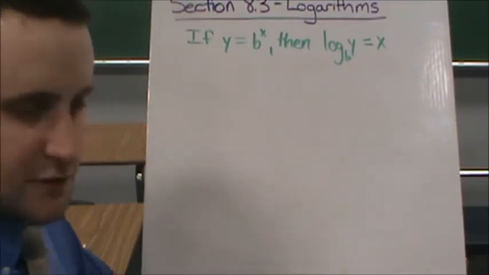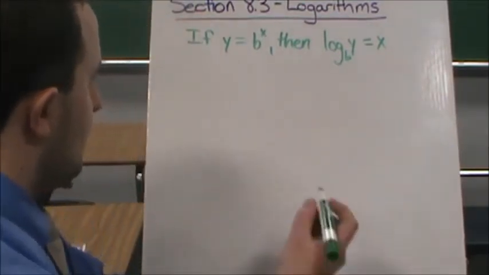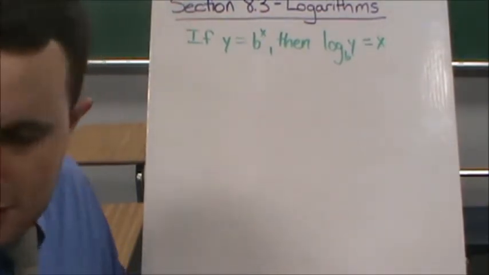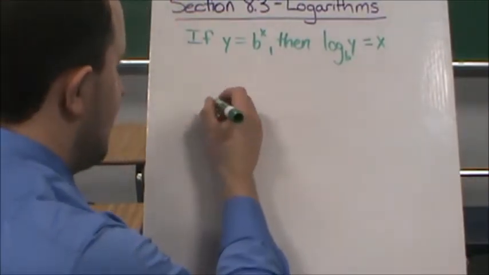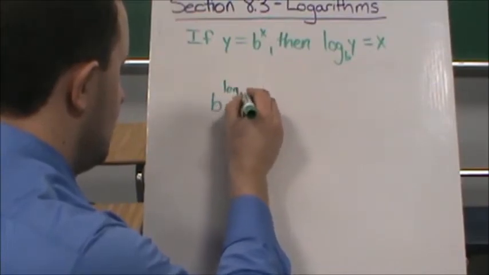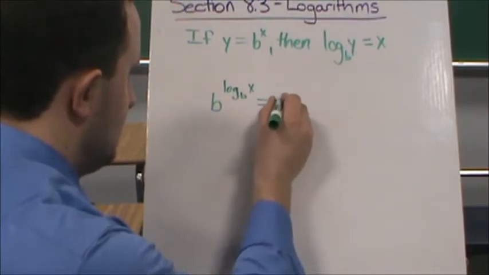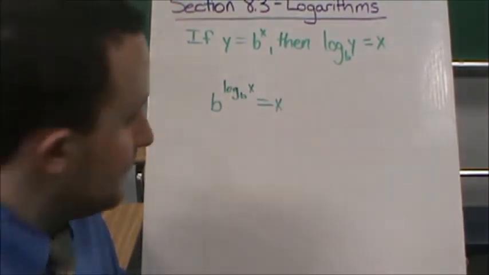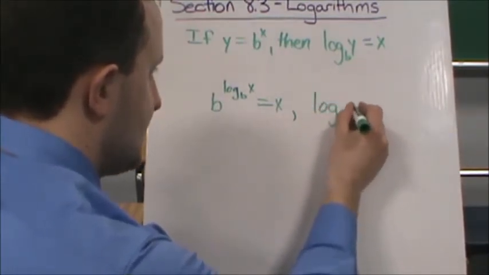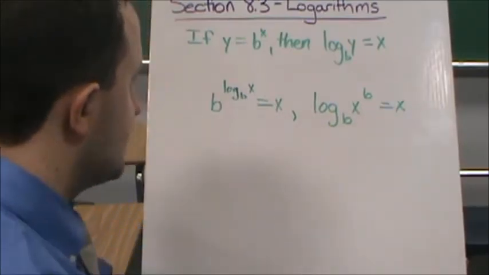So since exponential functions and logarithmic functions are inverses of each other, then we essentially can do the function composition as follows. We have b to the log base b of x will give us x, and then log base b of x raised to the b power will give us x.